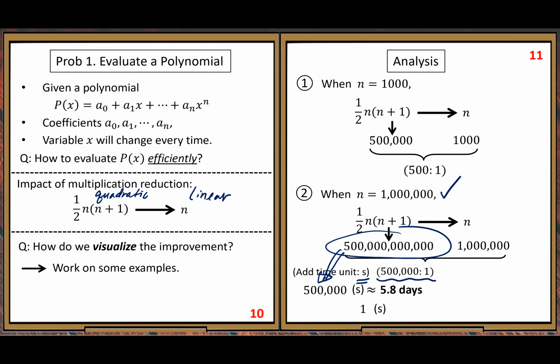All right, so let me stop this topic, our part B. I already spent too much time here on this polynomial evaluation topic, because next week I need to give you our first programming assignment for this problem.